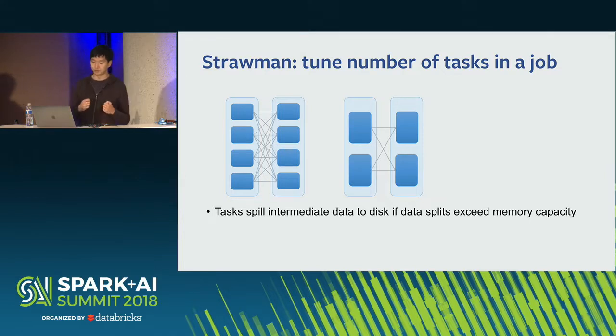However, this ignores one part of a Spark job, which is that tasks have to spill their intermediate data to disk once they exceed their memory capacity.